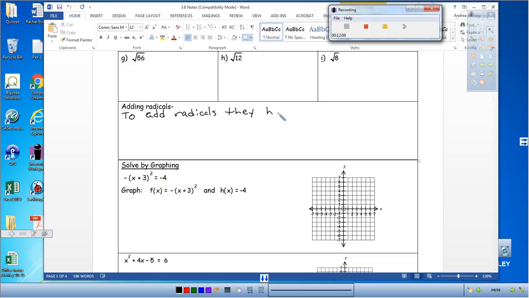They have to have the same number inside the radical. It's called the radicand. Okay, so the number inside the radical is called the radicand.